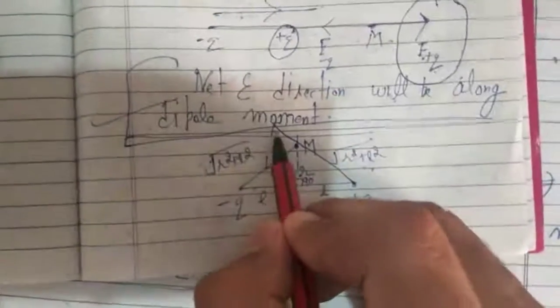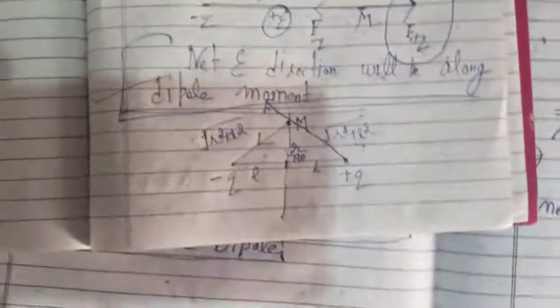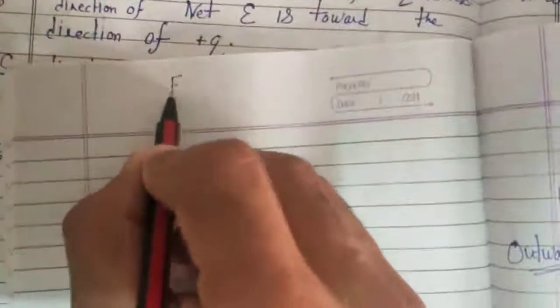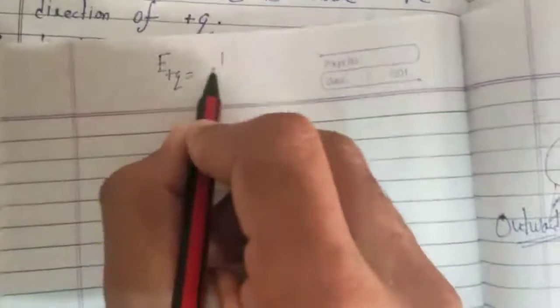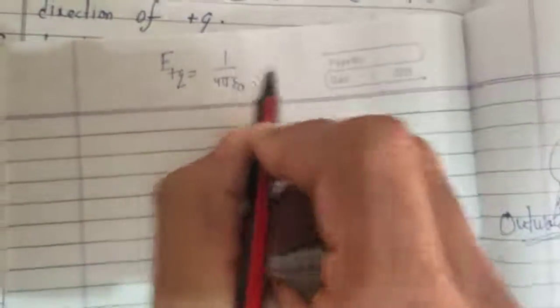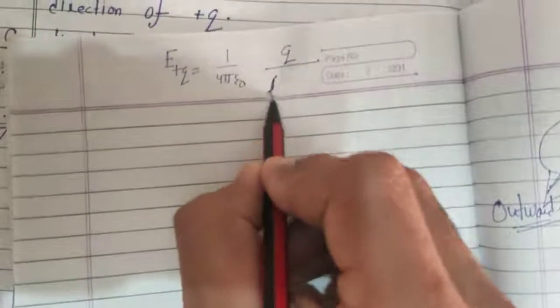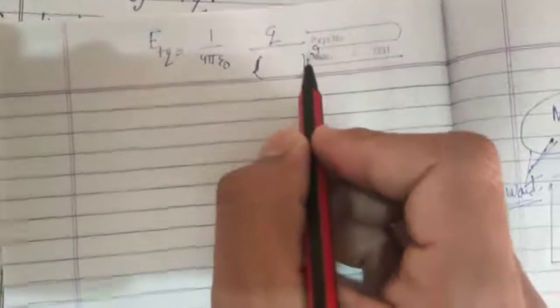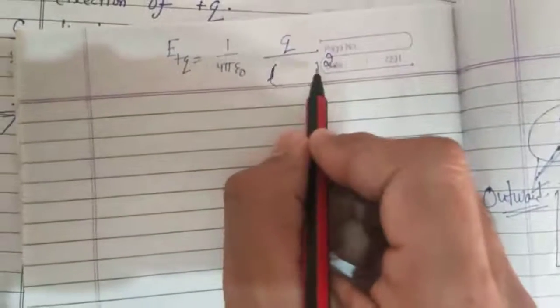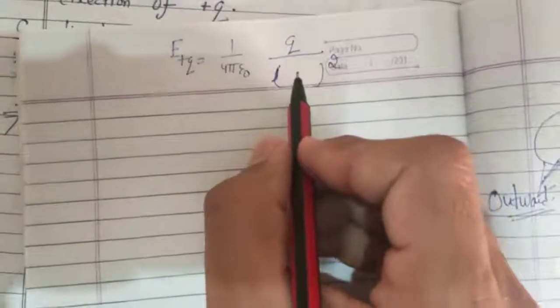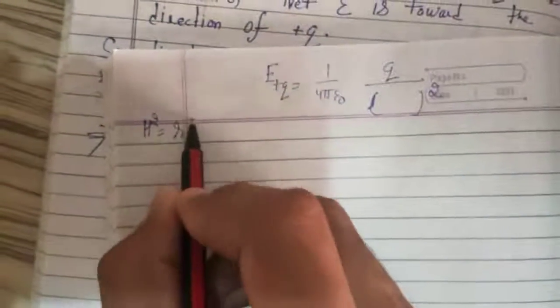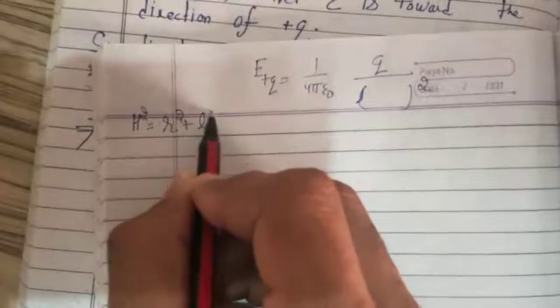One electric field is due to plus Q, one due to minus Q. So you know that the electric field due to plus Q, what is the formula? 1 upon 4 pi epsilon naught, Q upon distance square. That means the hypotenuse square, and the value of the hypotenuse square is R square plus L square.